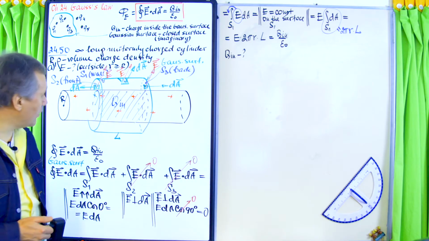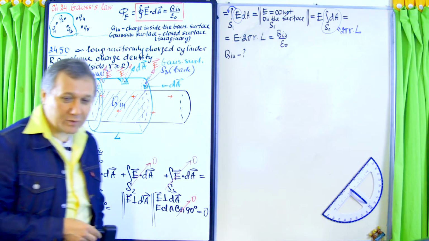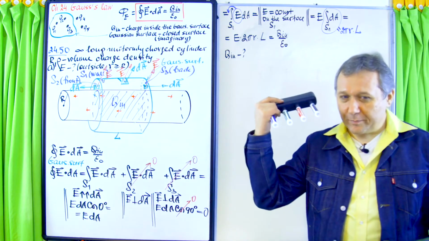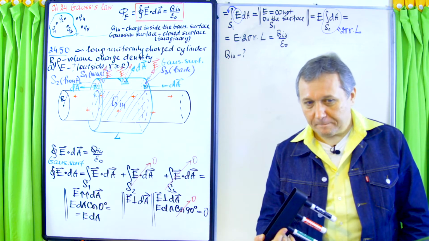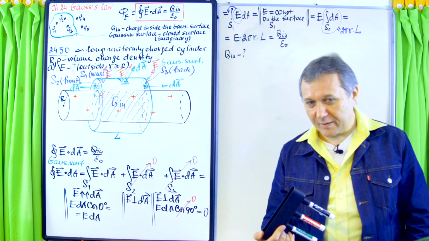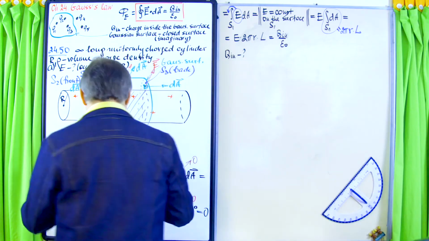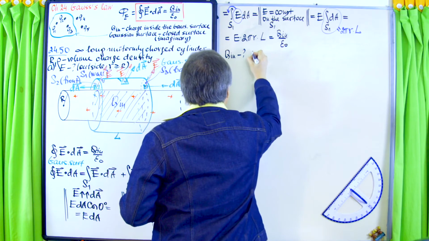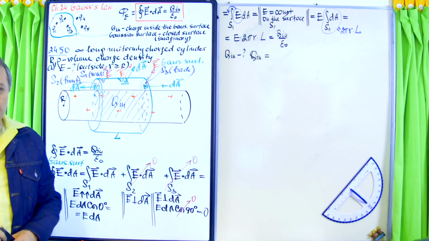So how can we count this charge? Again, you need to recall that slide where we discussed the linear, surface and volume charge distributions. You remember, like two lectures ago, I think. So let's do it. Q enclosed. I think it was the third box in that slide.